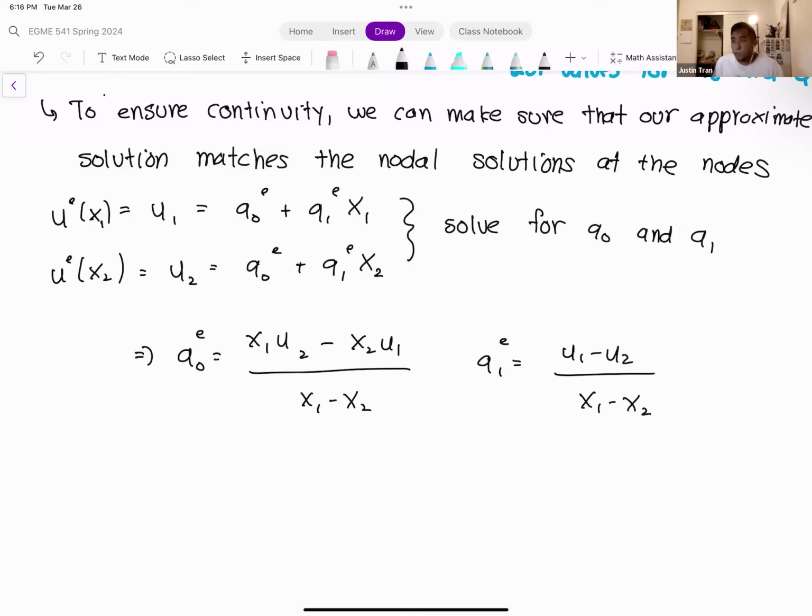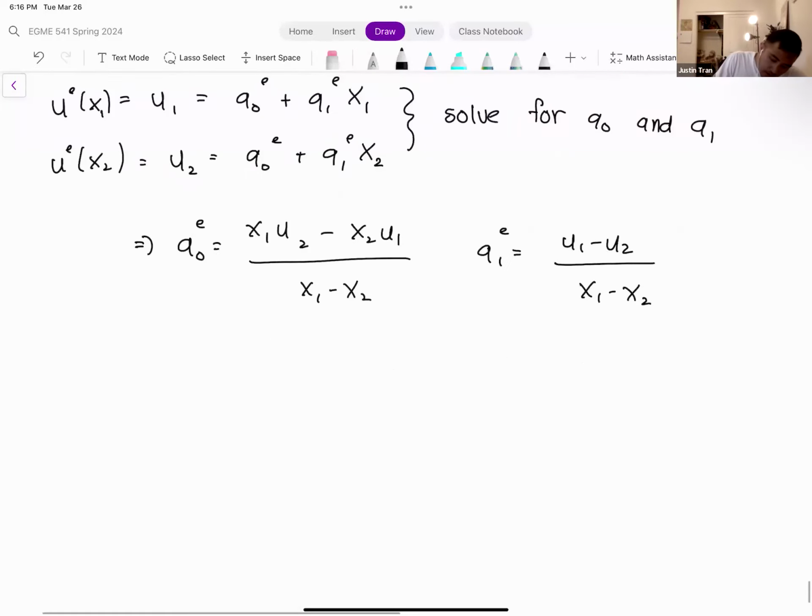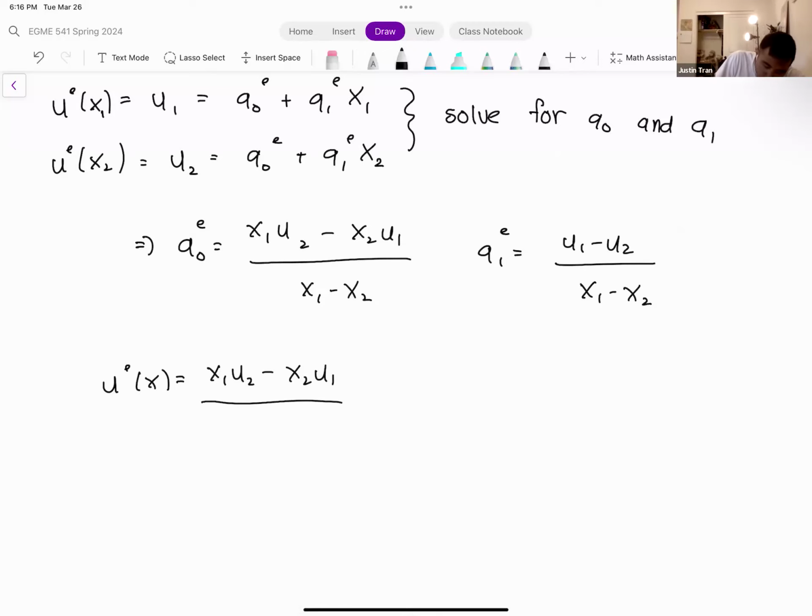If we plug these back into our approximate solution, we have ue of x is equal to x1 u2 minus x2 u1 all divided by x1 minus x2, plus u1 minus u2 all divided by x1 minus x2 times x. So this right here is our approximate solution over our element.